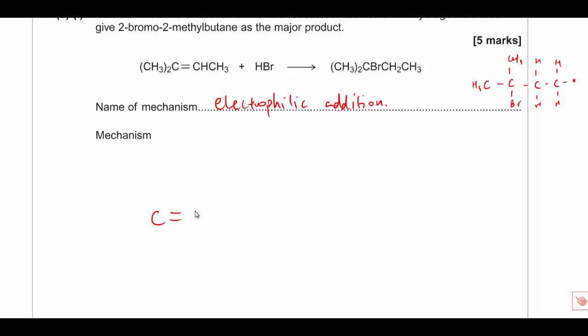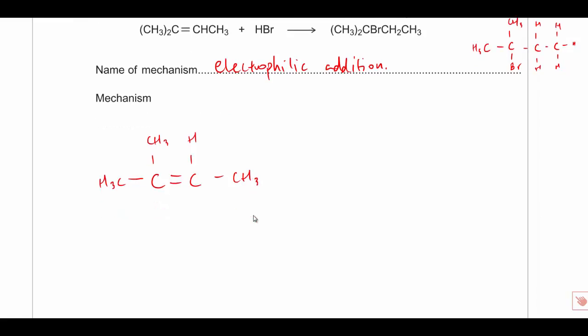So let's draw out our molecule first. C double bond. I would probably draw it out like this because I think it just helps when you've got a bit more space. CH3, C double bond, CH, yeah, that's fine. Okay, so HBr is going to be here.